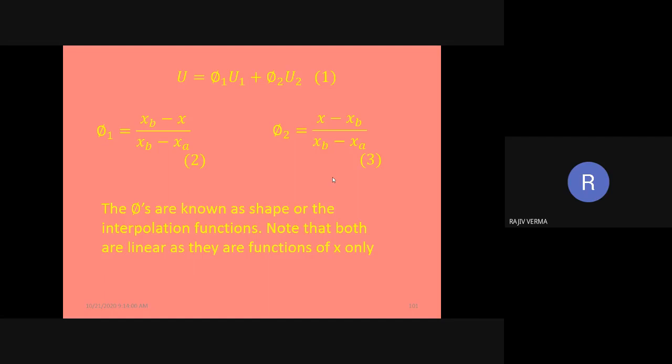Apart from this, it could be a linear element, it could be a quadratic element, it could be a cubic element, and so on. You can very easily derive the expressions of shape functions using some simple guidelines. So for this, we need to understand the properties or the requirements of the shape functions, which we are going to illustrate in the next slide.